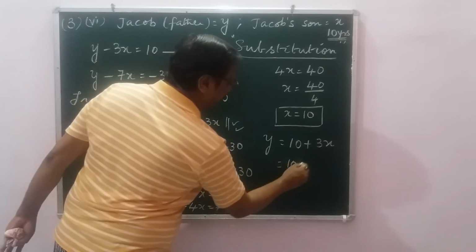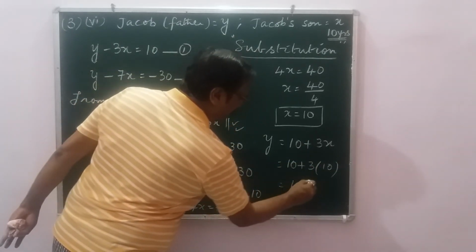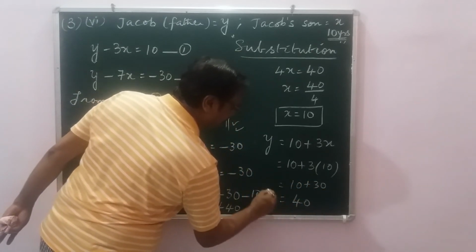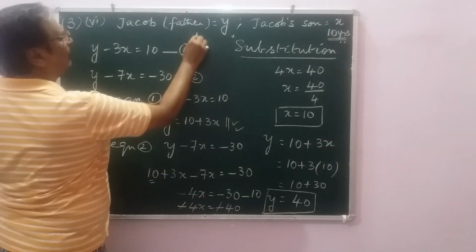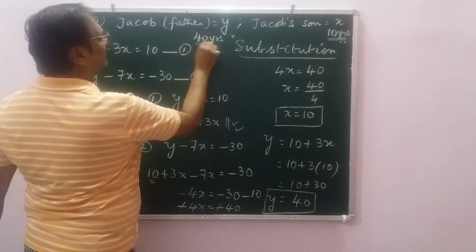That is 10 plus 3 into 10, that is 10 plus 30, that is equal to 40, or y is equal to 40. Y is the father's age, that is Jacob's age, which is 40 years.